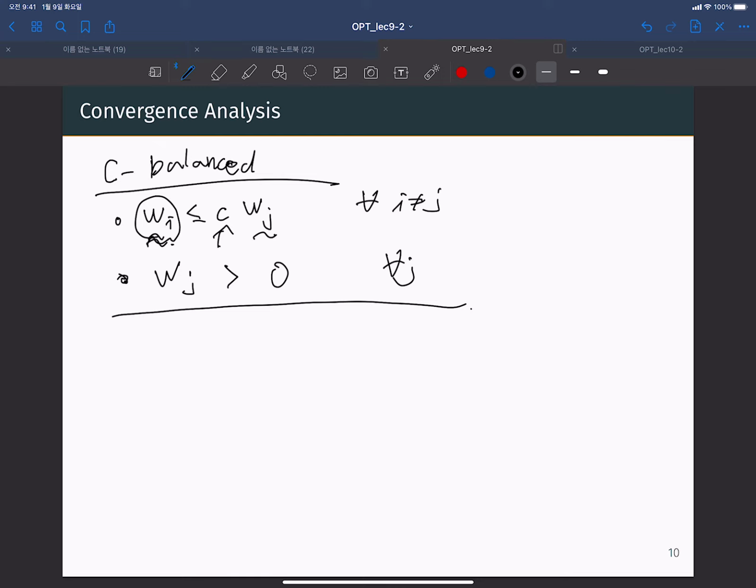And this is easy to check when you have C-balanced conditions. For instance, if W0 satisfies the C-balanced condition, then from the gradient shape we can also say that W1 is C-balanced.